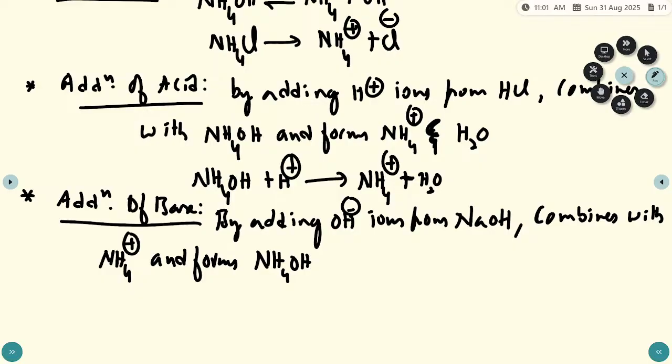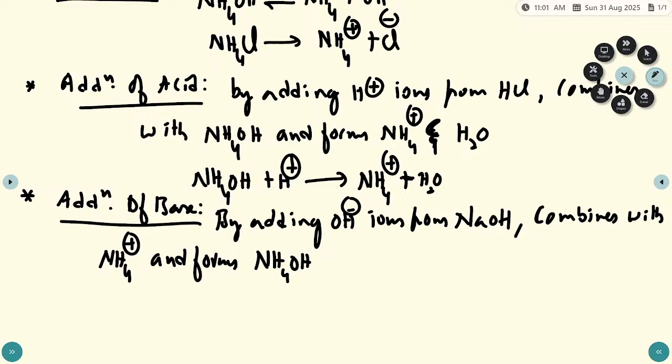Okay, so when does the pH change? Whether the number of H plus ions increases or decreases, or OH minus ions increase or decrease, only then will the pH change. When the number of ions changes, the pH changes. So here NH4OH is formed. NH4OH is a weak electrolyte.